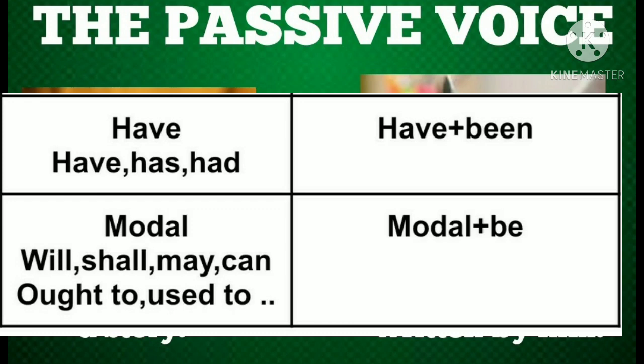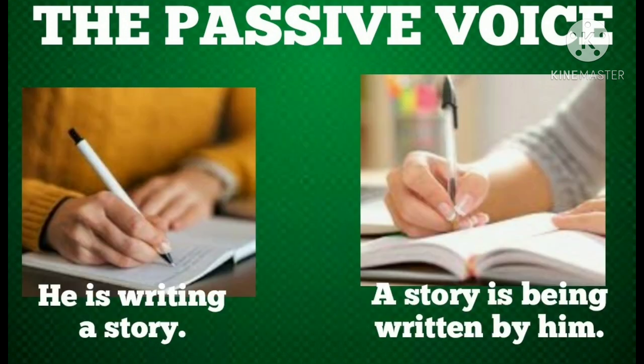That means will be, shall be, must be, could be, used to be, ought to be, etc. The table is most important for you. If you keep the table in your mind, it will be easy for you to turn the active sentence into passive.